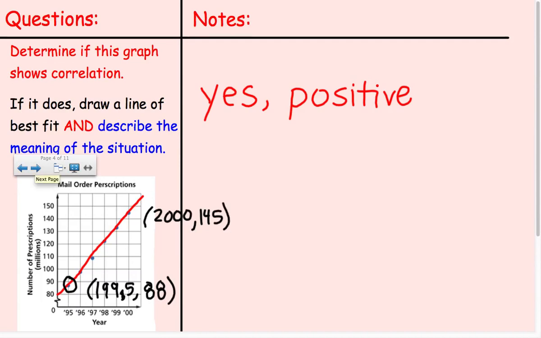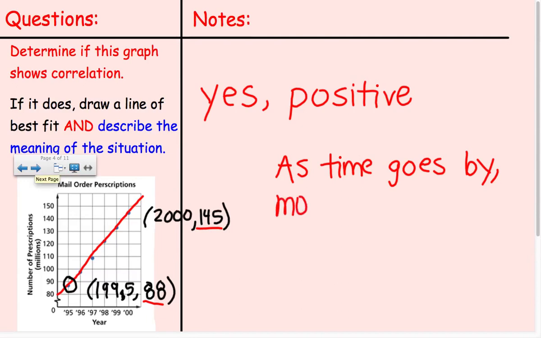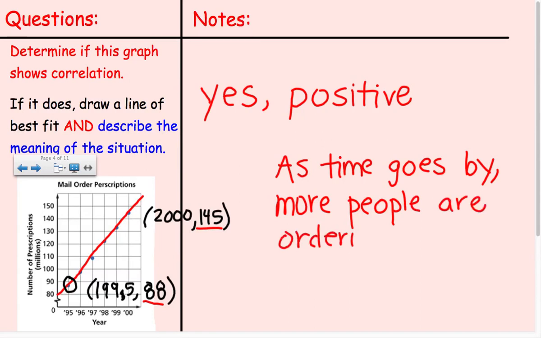So that means that as time goes by, if you look at 88 all the way to 145, more people are ordering prescriptions by mail.